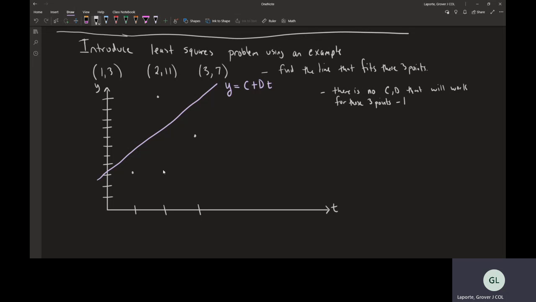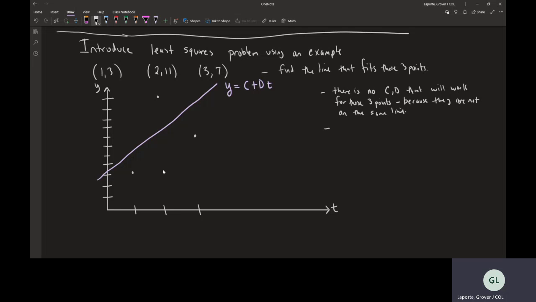Why? Because they are not on the same line. Okay, so it doesn't make any sense for us to look for an actual c and d.